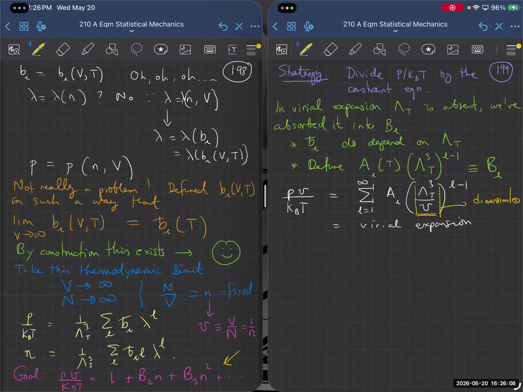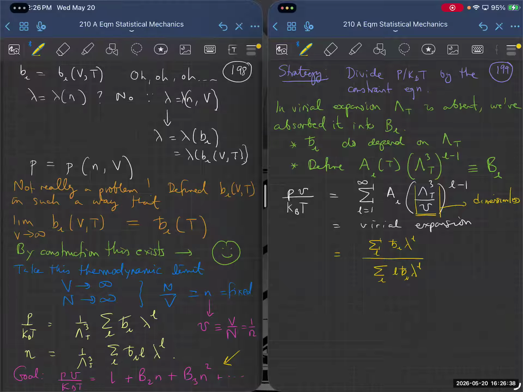Now, having done that, I'm going to divide the two equations on the left-hand side. So PV over k_B T is also equal to the sum from L equals 1 to infinity of b_L over lambda to the L, divided by the sum over L of b_L over lambda to the L. Those two things are the same thing.